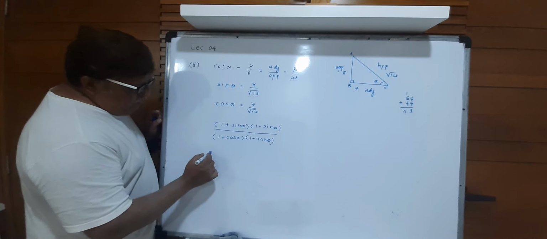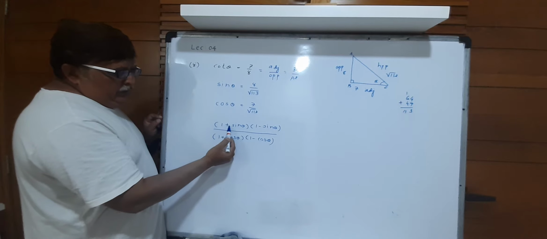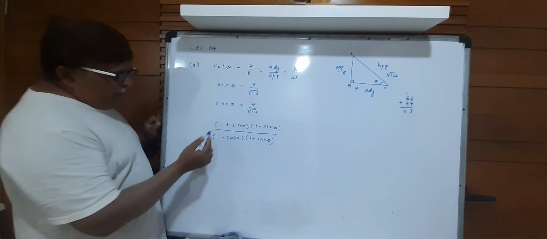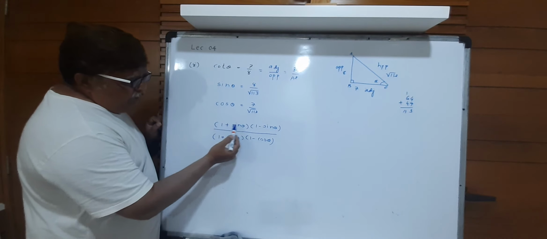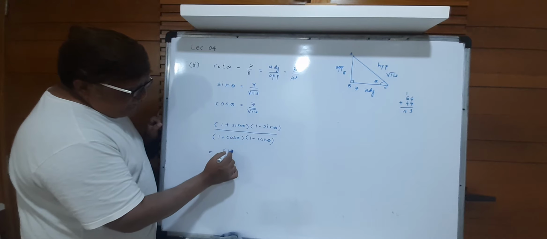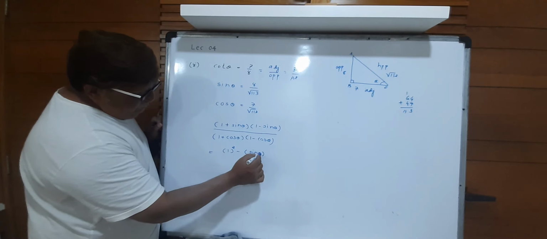Now dear student, a little logic of expansion. A plus b, a minus b gives a square minus b square; 1 will be a, sin theta will be b. Can I write this way? 1 square minus sin theta whole square.